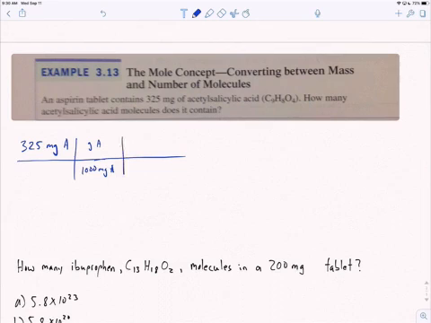And then we have to figure out the molecular mass of acetylsalicylic acid. It's also 180, just by chance. It's 180.15. 9 times 12.01 plus 8 times 1.008 plus 4 times 16 is 180.15.